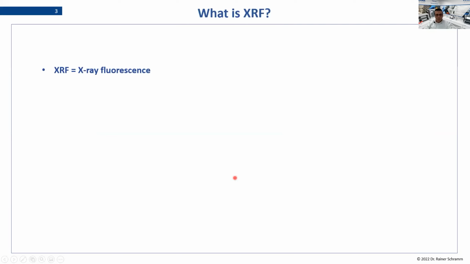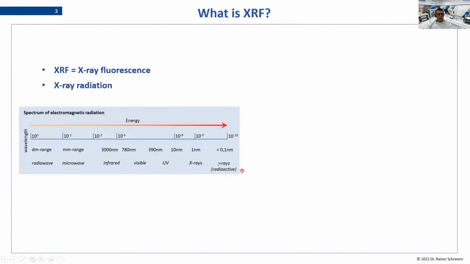So XRF means X-ray fluorescence. There we have two words, first X-ray, then fluorescence. If we look at what X-ray radiation is, we will see that this radiation is placed in between the ultraviolet radiation and the gamma rays.